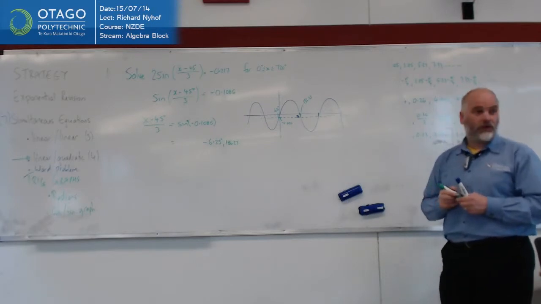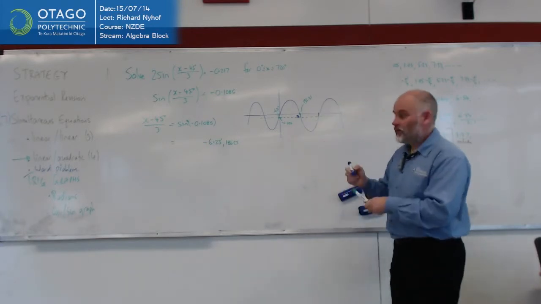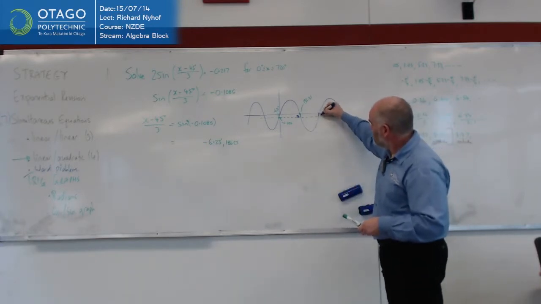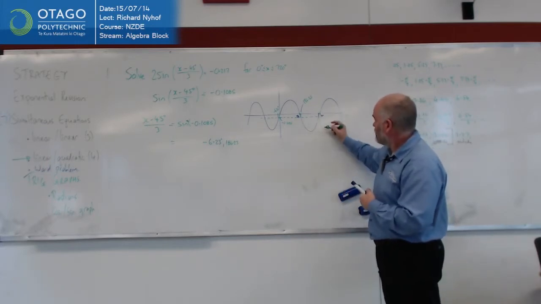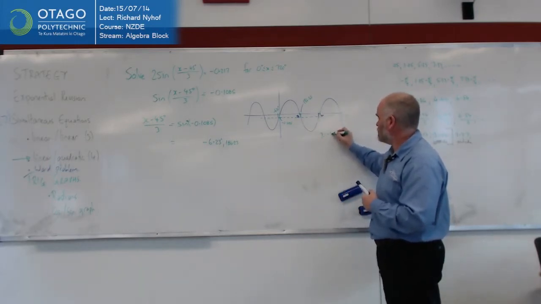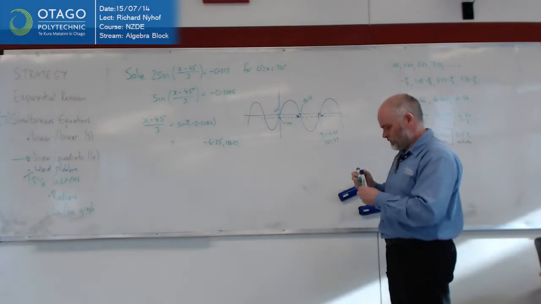That's still looking pretty good. And this one here, what's this one going to be? So that point, well done, that's 360. So this one's going to be 360 minus the 6.23, which is 353.77.